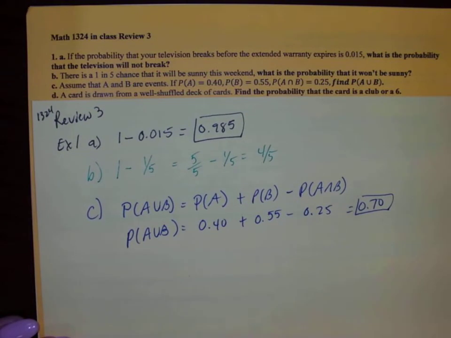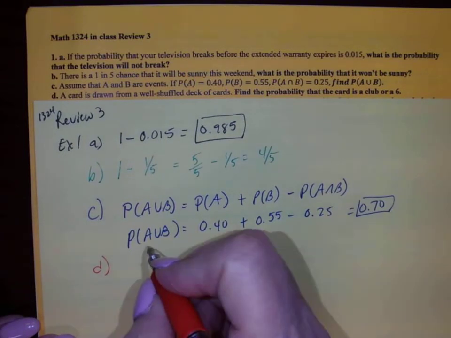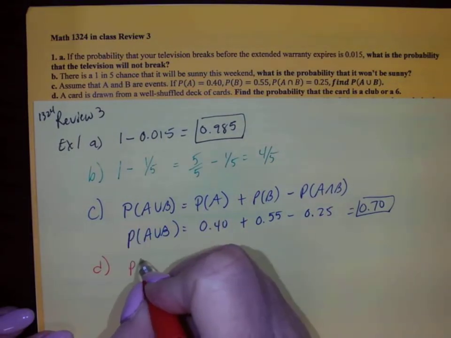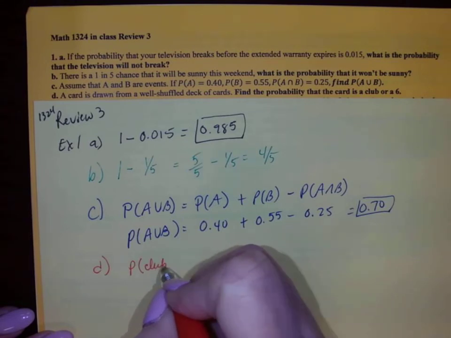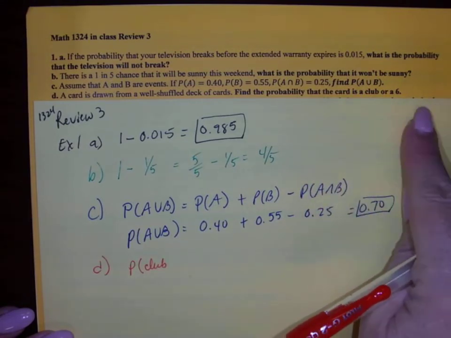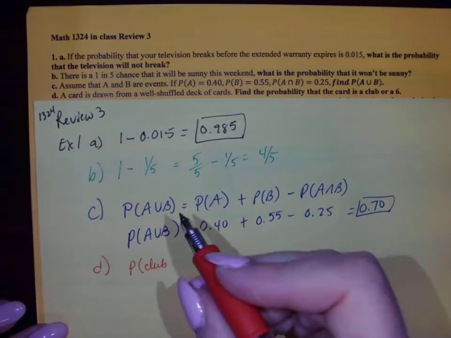All right, part D. Part D says a card is drawn from a well-shuffled deck of cards. Find the probability that the card is a club or a 6. So this is similar to the one that we just did. When it's an or, it is a union.